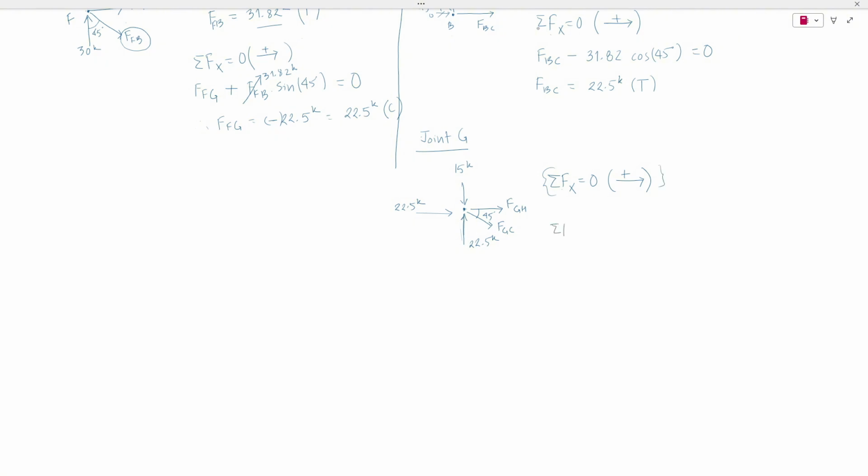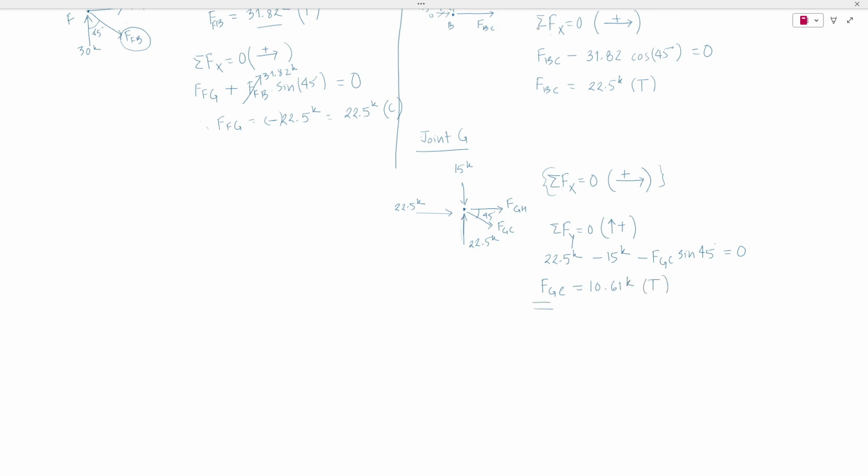So let's look at summation of forces in the vertical direction to be 0, all the upward direction positive. Then we have 22.5 kips and 15 kips downwards, and then the vertical component of FGC, which is FGC sine 45 degrees. Summation of all these forces would be 0. On solving, we get FGC equal to 10.61 kips in tension.